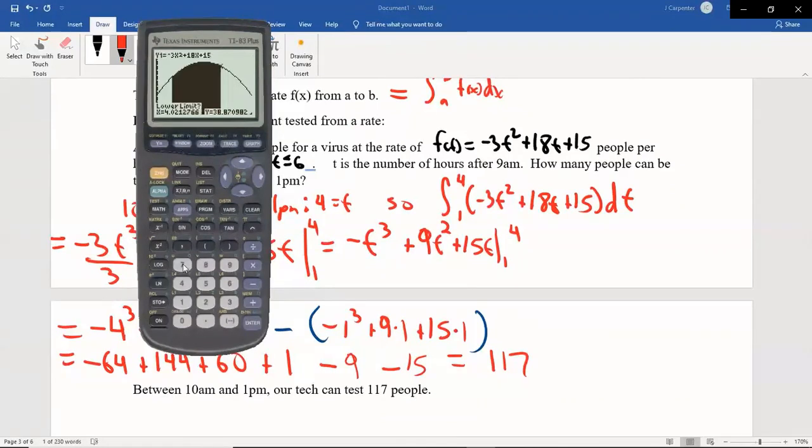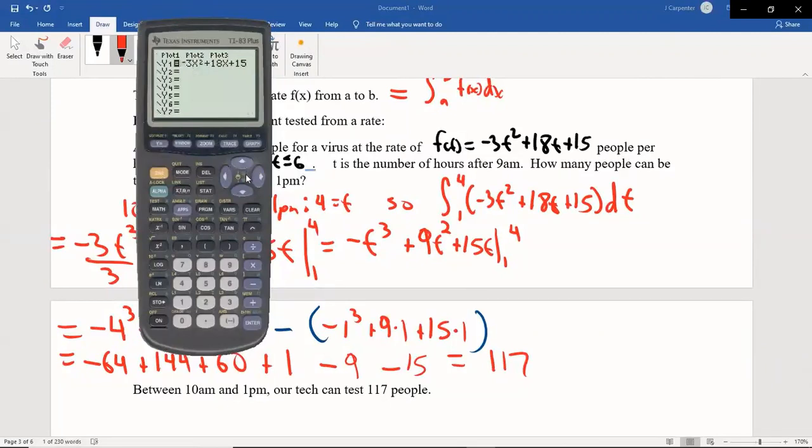Let's go option 7. Let's see how many people we can test over this entire day, starting at hour 0, which is 9 a.m., to hour 6, which would be 3 p.m. So now it'll shade the whole thing. And we can see that we can test 198 people out of the entire day.